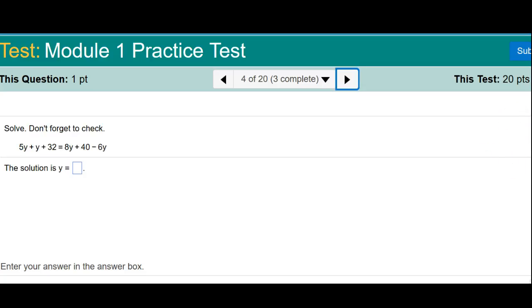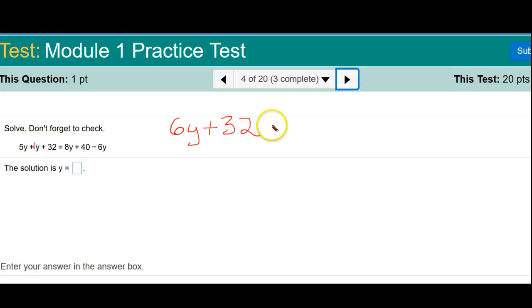Now in this example we're getting an equation. So the strategy, again, neatly, combine like terms, 6y plus 32. Combining this, remember there's a 1 there.